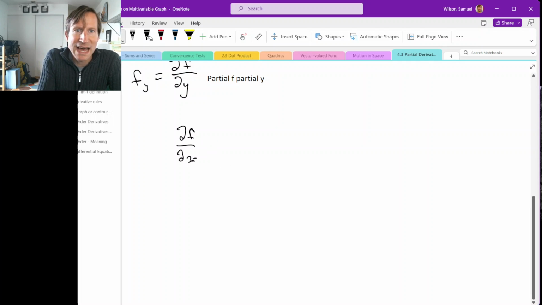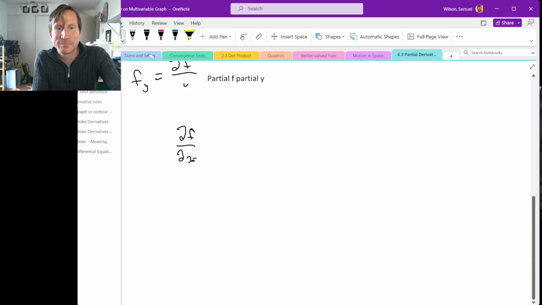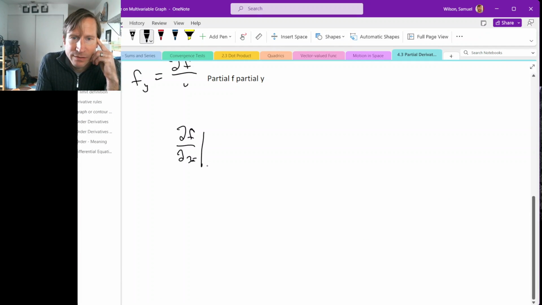So this is going to be at a point (a, b), like this. Okay. So we need to take the value of the function at that point, so f(a, b). We need to take the value of the function at a nearby point, right? So we have to move over a little bit.